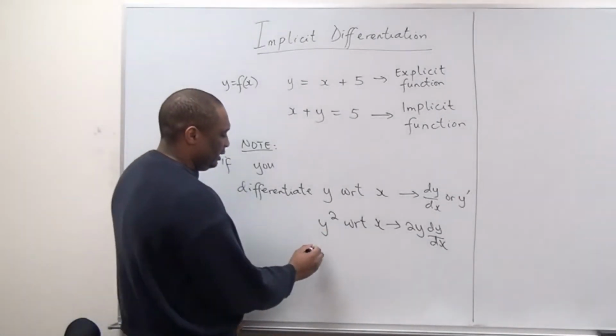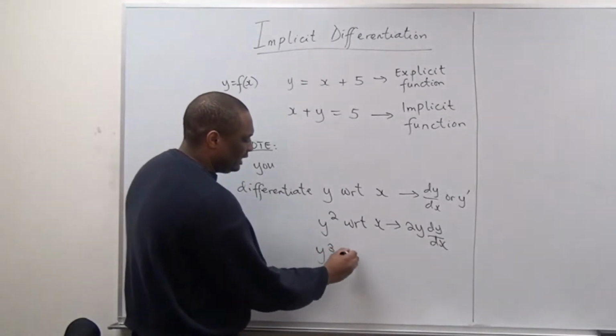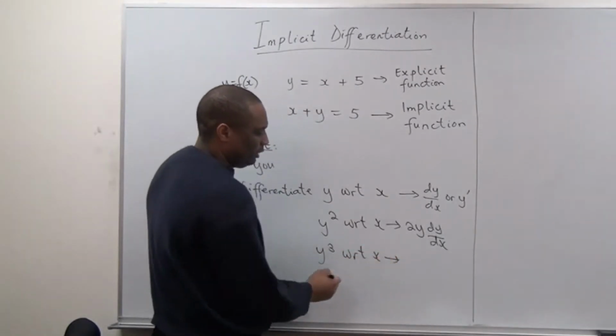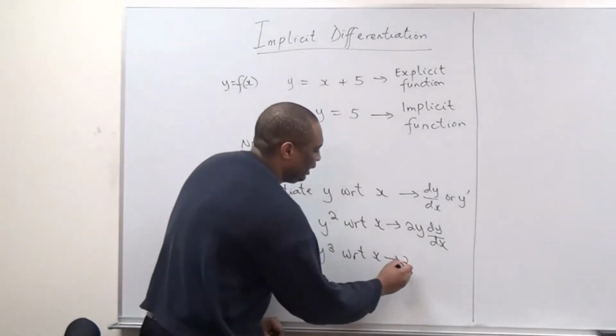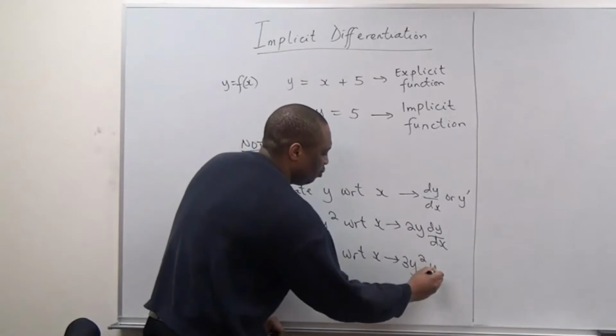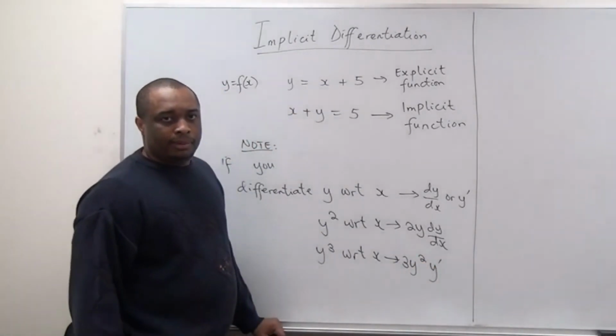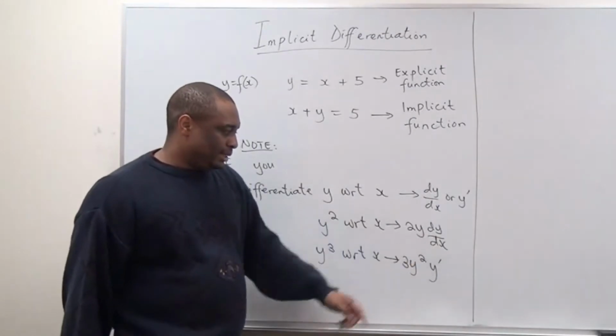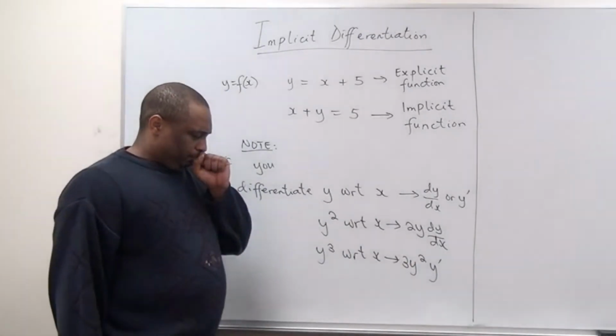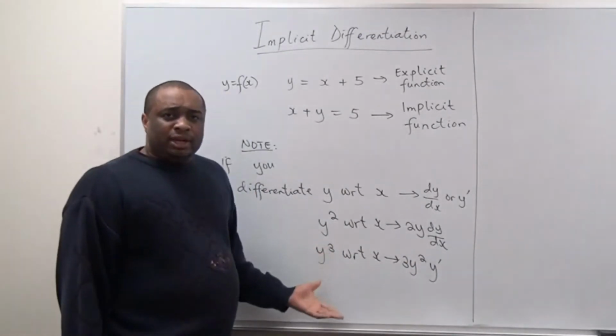If you differentiate y cubed with respect to x, what do you think it will give us? It will give us 3y squared y prime. Remember I said y prime means dy/dx. So that is the way it goes.